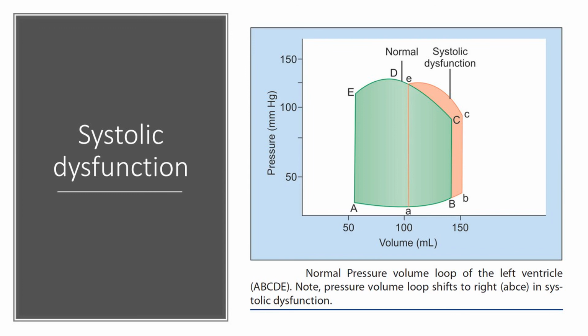And further, because of all these factors, the end systolic volume increases from the normal value. So in systolic dysfunction as well as in conditions with volume overload, the flow volume loop shifts to the right side.